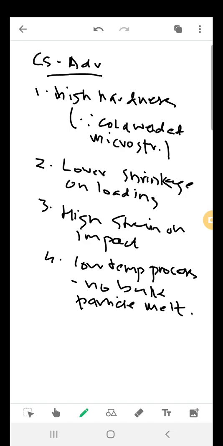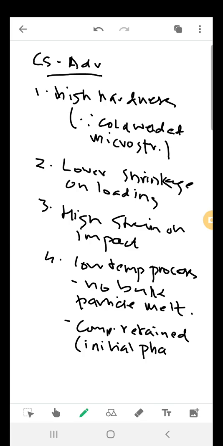And it retains the composition. So composition is retained from the initial metal, and that means the initial phases present in the feeder material are maintained.